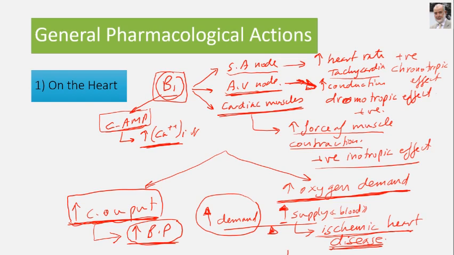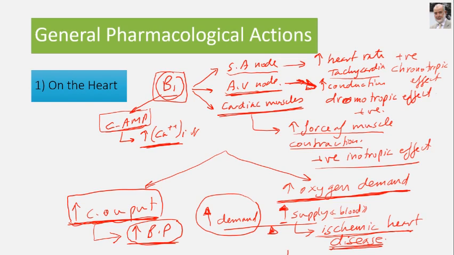By acting through the beta-1 receptor in the heart muscles, they will increase activity of the adenylyl cyclase, increasing cyclic AMP, the second messenger. Cyclic AMP, through protein kinase A, will increase opening of calcium channels, and this will increase intracellular calcium.